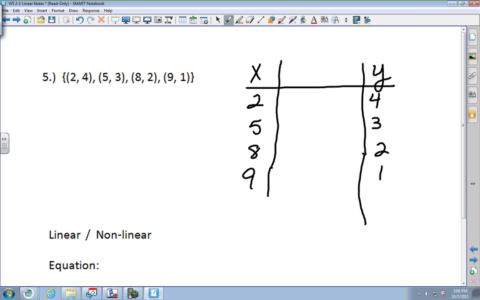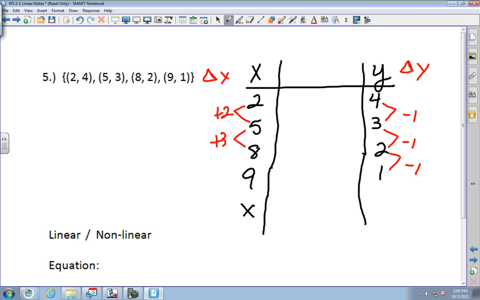Now again, I'm going to put my x in here, and I'm going to find delta y, the change in y right here: minus 1, minus 1, minus 1. Delta x, the change in x, plus 2, plus 3.